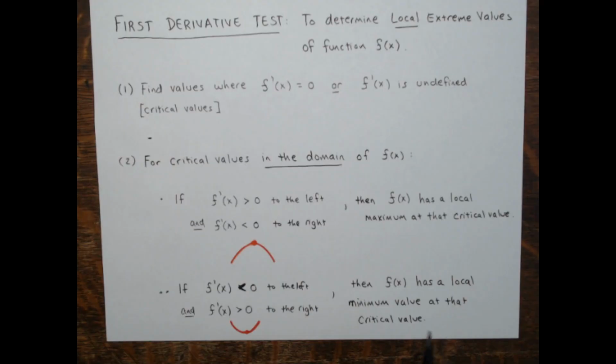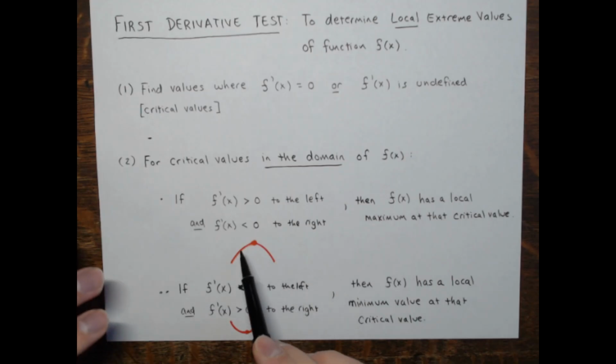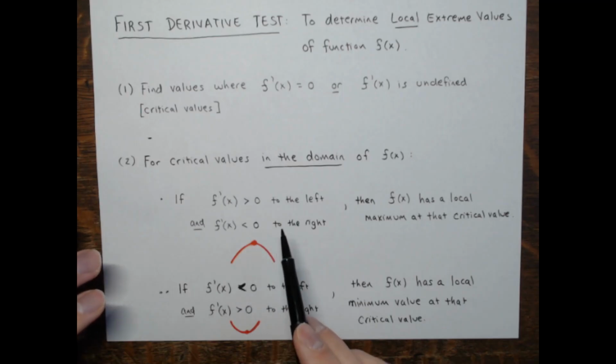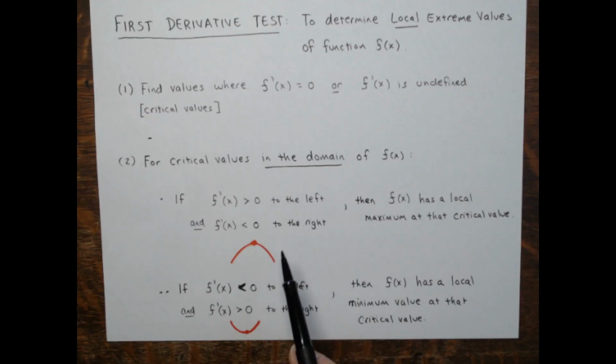Okay. Now, if neither of these things are happening, then you're not going to be able to say that you have a local max or min. So I had pictures up earlier, right? If it's increasing on the left and increasing on the right, not happening.